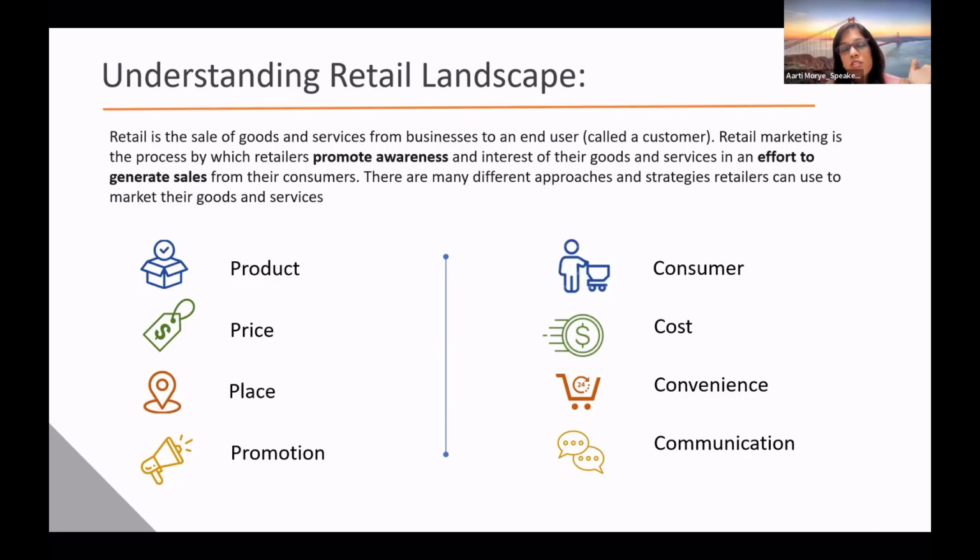However, after the digital transformation era, after AI and automation started coming in, this focus has shifted a little from product, price, place, and promotion to consumer, cost, convenience, and communication. This is very important to understand because most consumers today lay a lot of emphasis on how convenient it is to shop and how much communication they are receiving from their retailer.